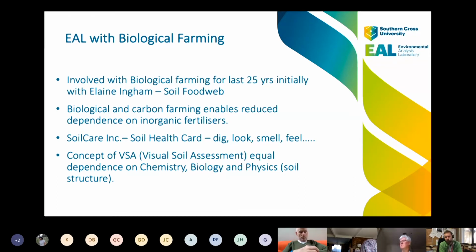Do a lot of work with Soil Care in this region, northern New South Wales. Soil health card, there's all these sort of things around dig, look, smell, feel, really get involved with your soils and understand them. And one of the best ways is digging a shallow hole and looking at them. So it's good when you can do your own soil collection. And on our website, we have information on how to do your own soil collection.